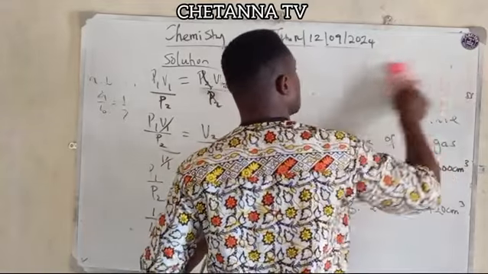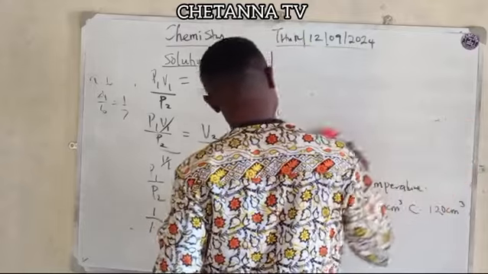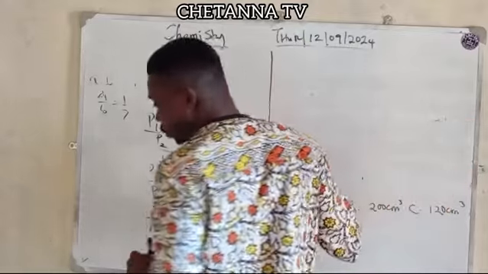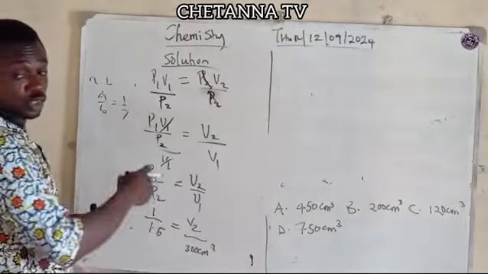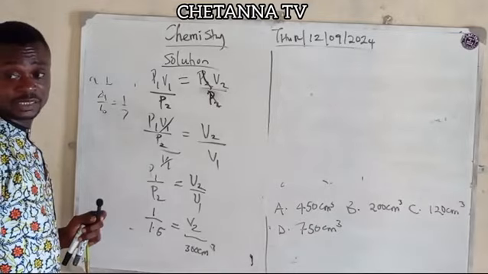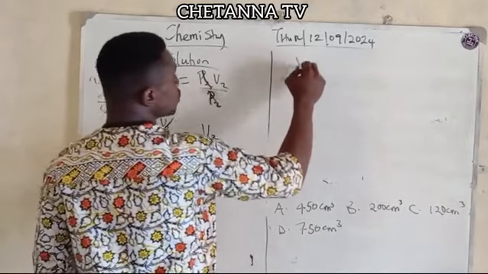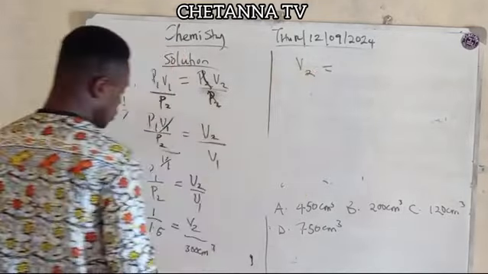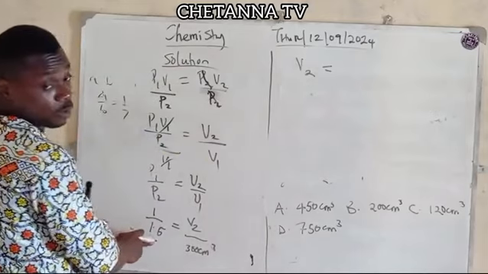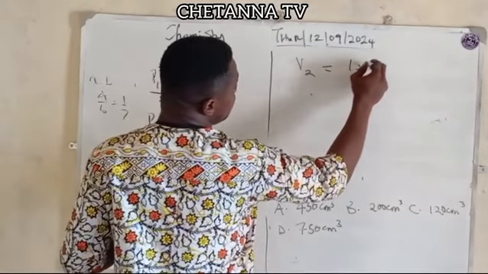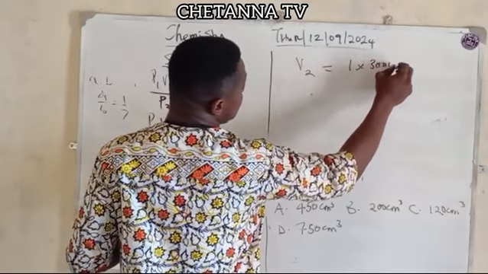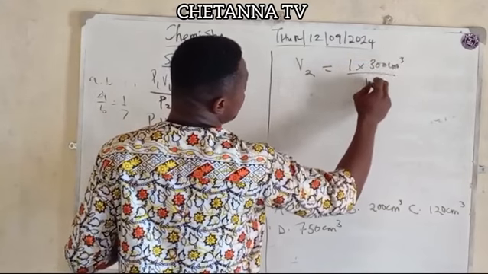Good. 300 centimeter cube. So we cross multiply to find V2, right? So V2 is now equal to this times this divided by what? 1.5, right? 1 times what? 300 cm cube divided by what?